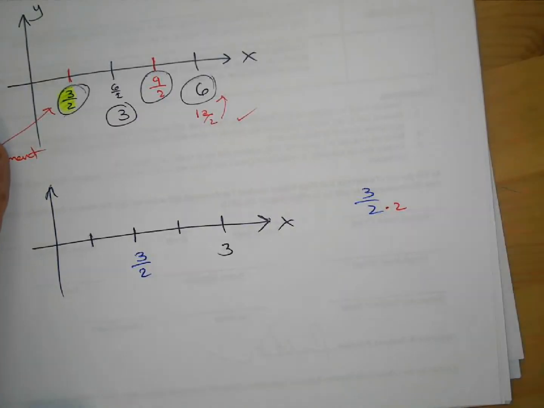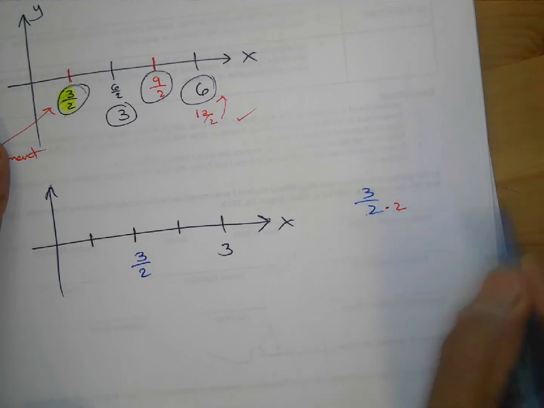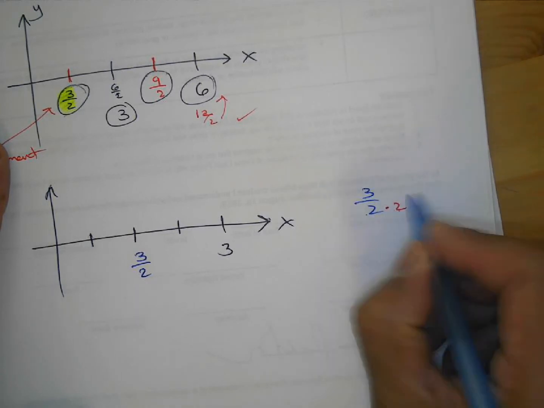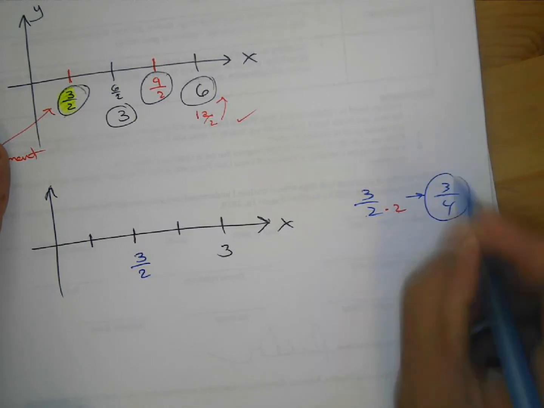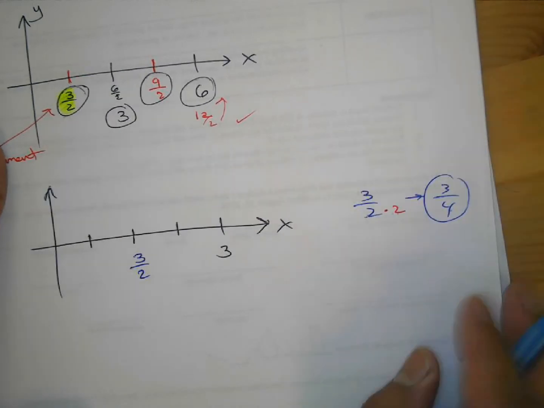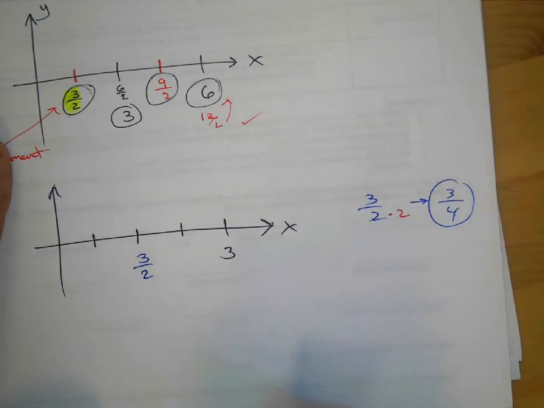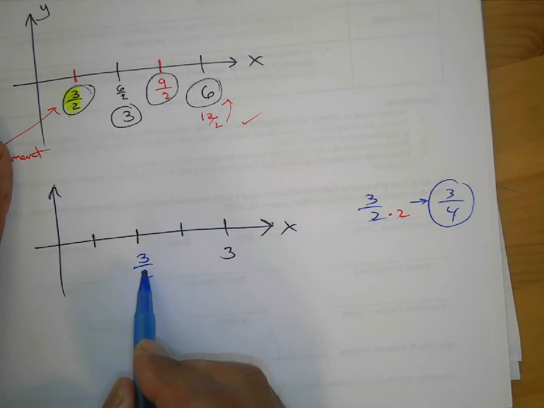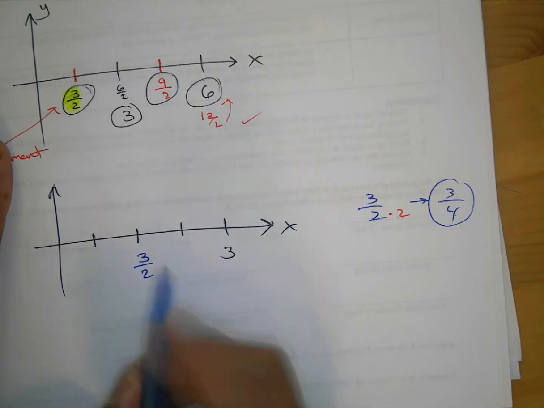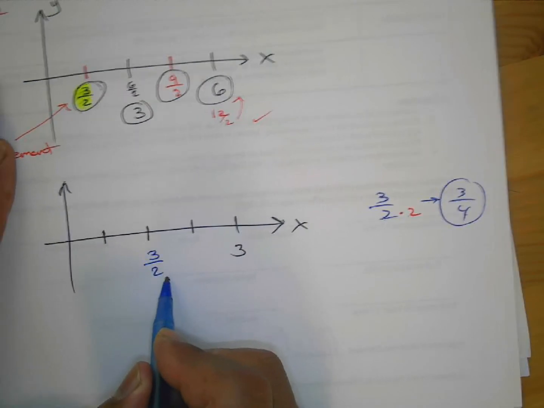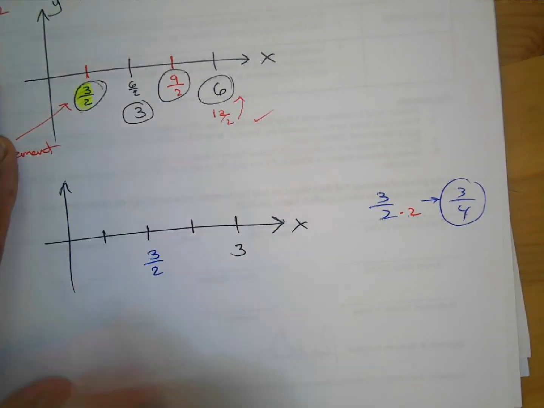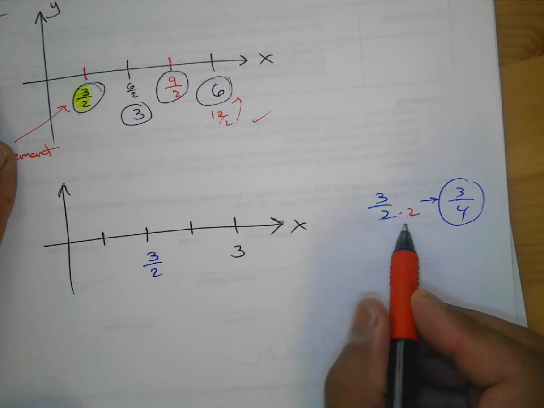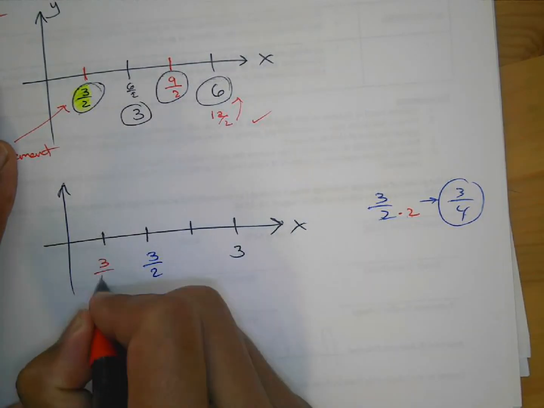But if I'm taking half of 3 over 2 and multiply 2 to the denominator, half of 3 over 2, believe it or not, is 3 over 4. Right? 2 times 2 is 4. Leave the 3 alone. Leave the numerator alone. When you divide something by 2, you put a 2 in the bottom. But if it's already a fraction, just multiply the bottom number by 2. So half of 3 over 2 is 3 over 4.